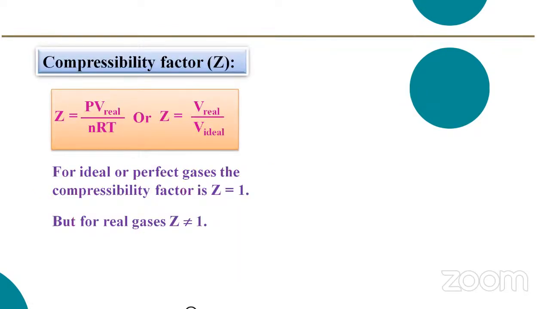So this is nothing but your compressibility factor. Okay, compressibility factor is what you use when your real gas deviates from ideal behavior. So compressibility factor for real gases is never equal to 1, and for ideal gases it is equal to 1. Okay, ideal gases are not true; real gases are true in nature.